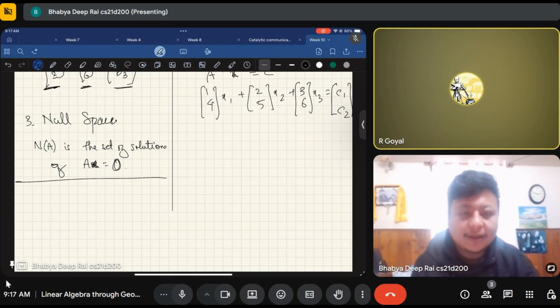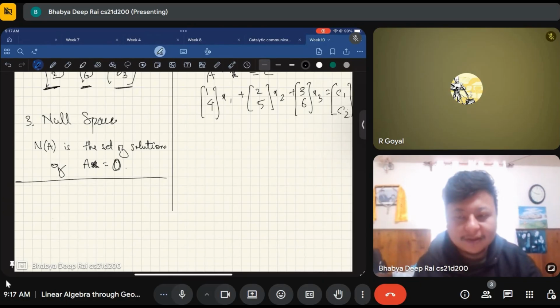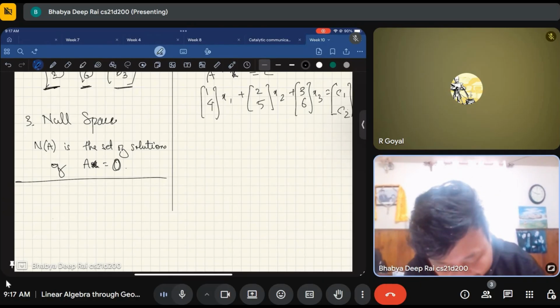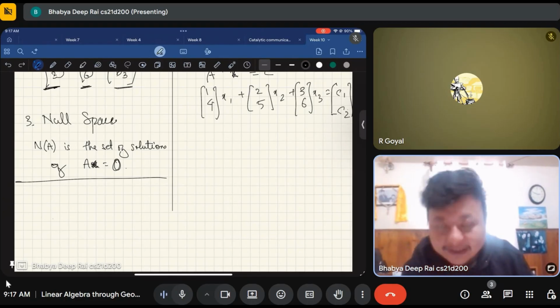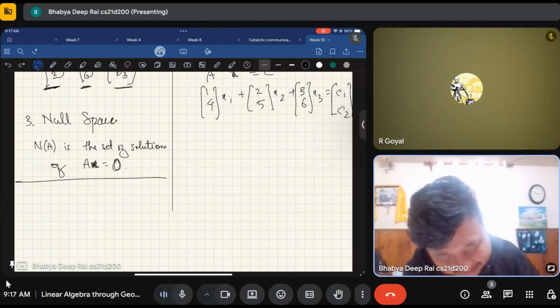In the column space, we need to find combinations of the vectors making the right-hand side equal to b, and b could be 0. So the null space is those x's which, when multiplied with A, render 0.